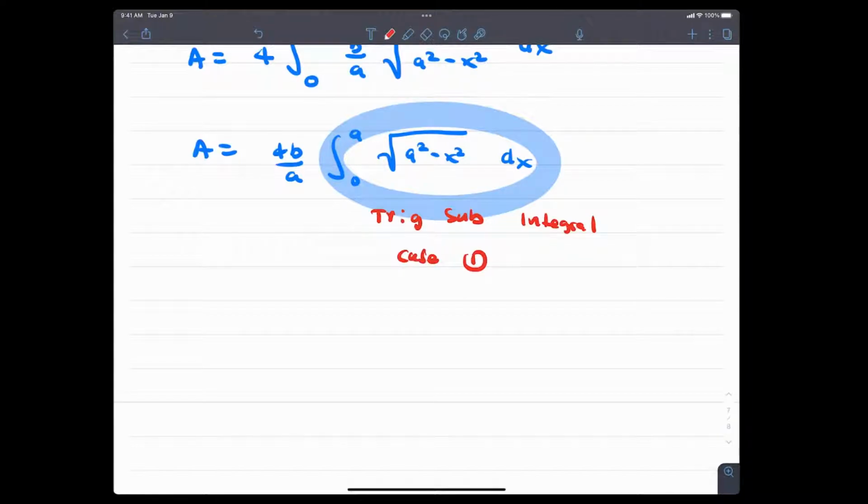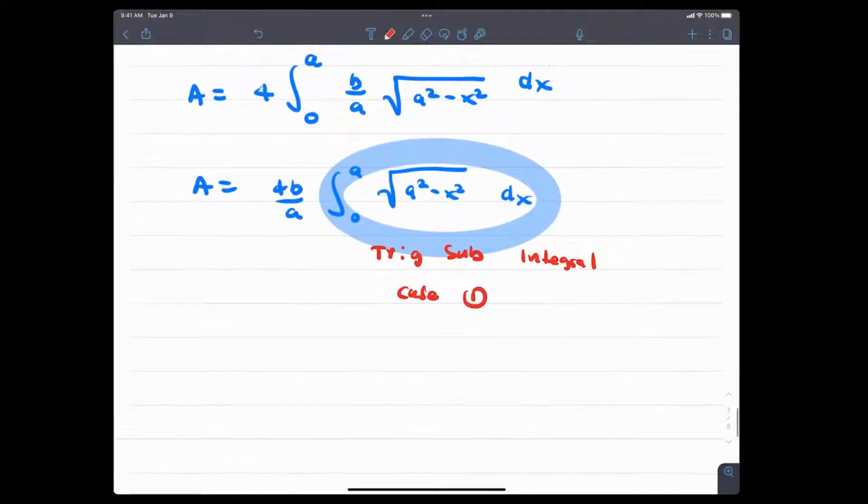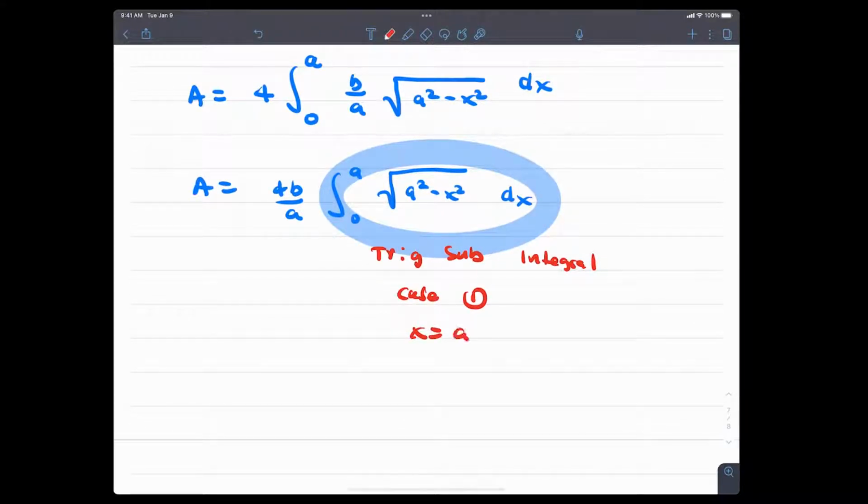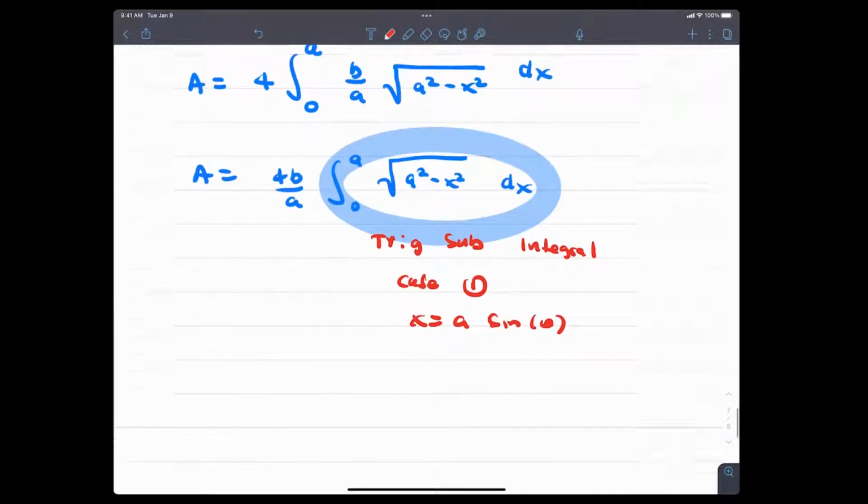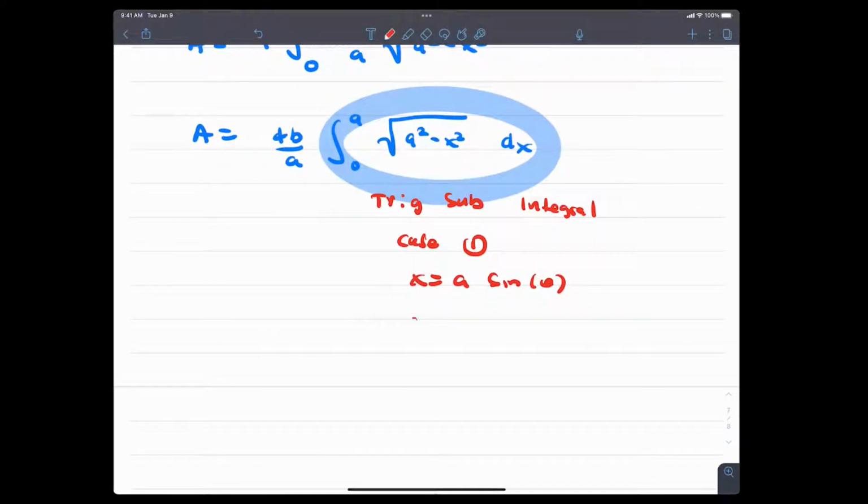That right triangle, square root of a squared minus x squared. It's the same technique where you say, what is x going to be? A sine theta. And then you say, what is dx going to be? Well, that's a what? A cosine theta. What's the radical going to be? A cosine theta.